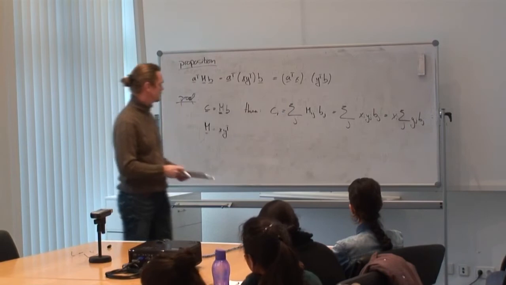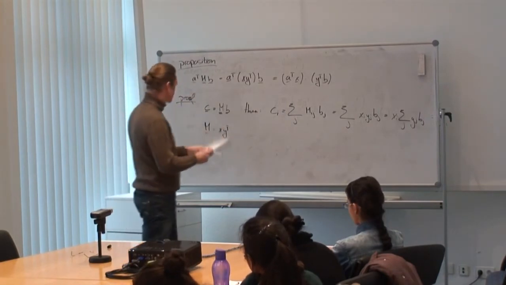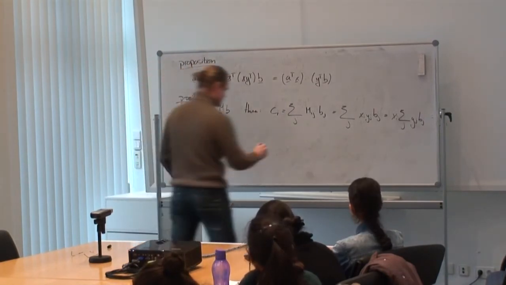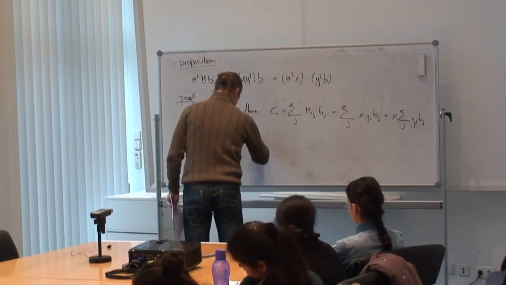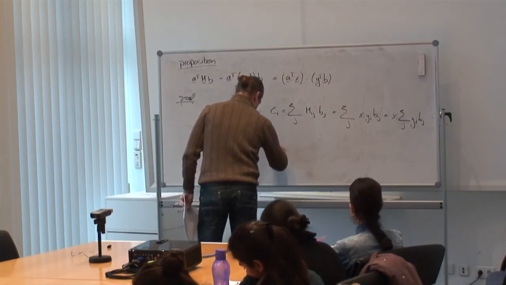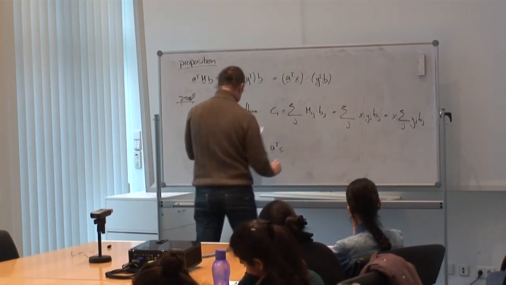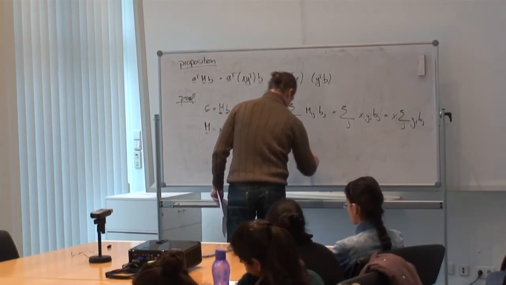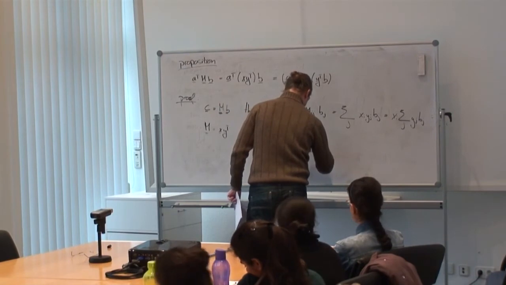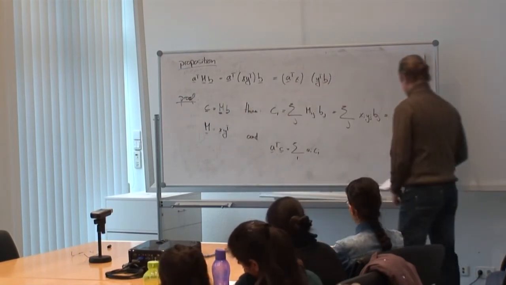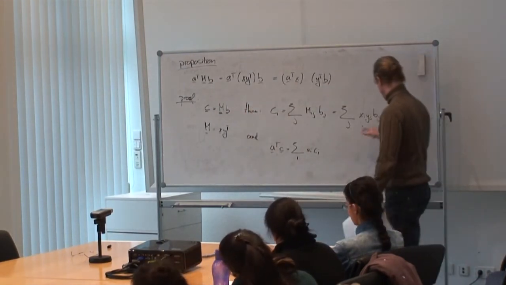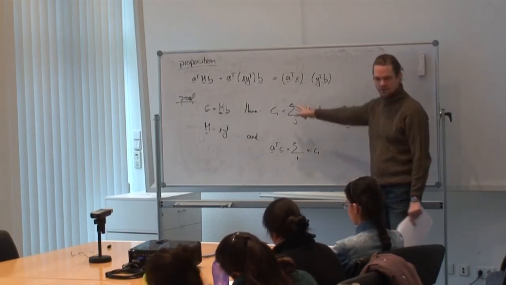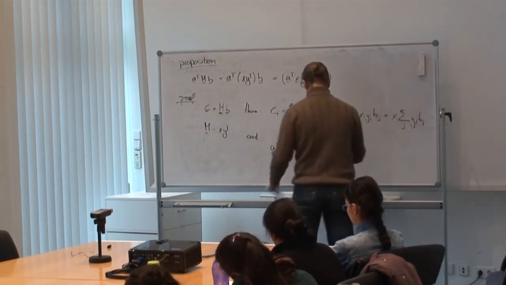Now let's compute the inner product between A and C, because this is what's happening here. And the inner product between A and vector C is, given what we just defined, just the sum over all the i, ai, ci. And now we can plug our newfound knowledge as to the ci into this equation here.